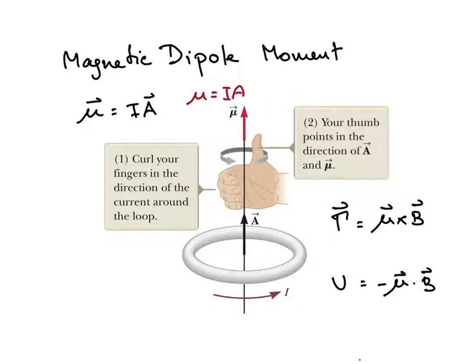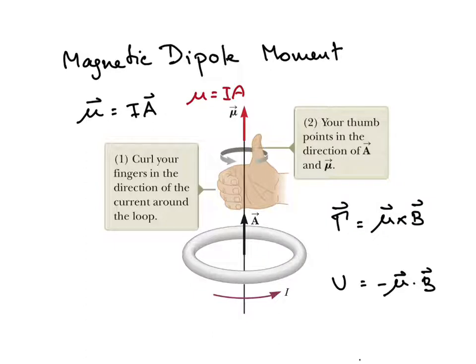From this definition, we can write the torque as mu cross B, and we can also define the potential energy of the magnetic dipole as U equal to minus mu dot B.